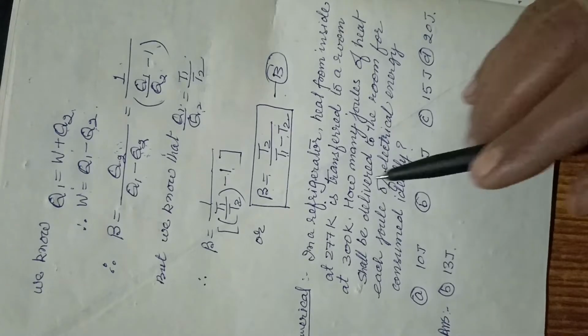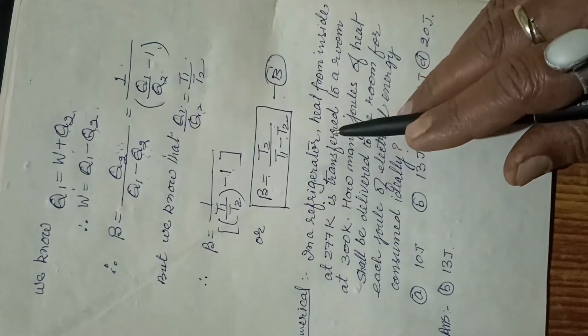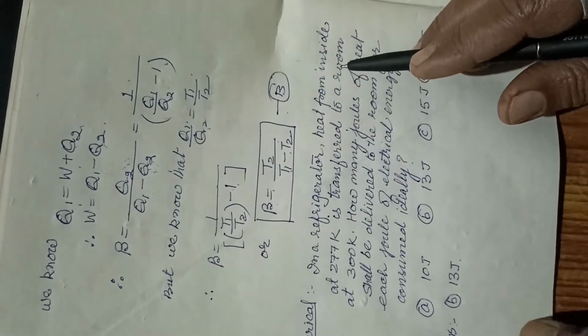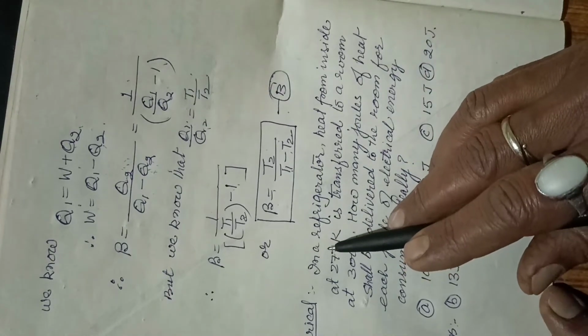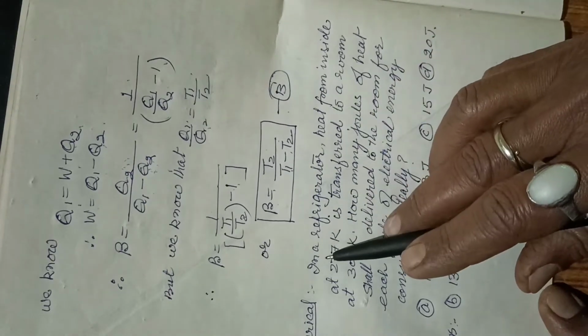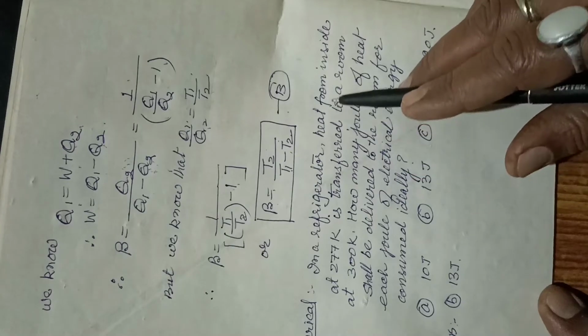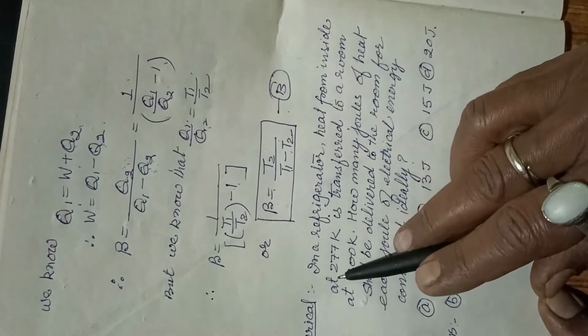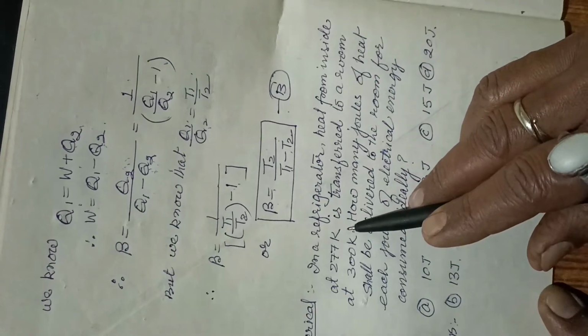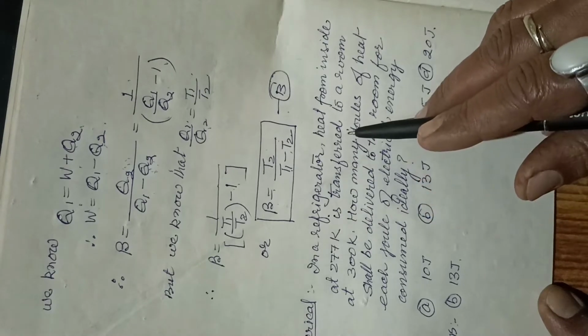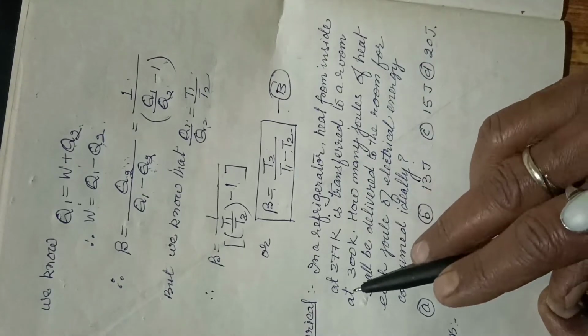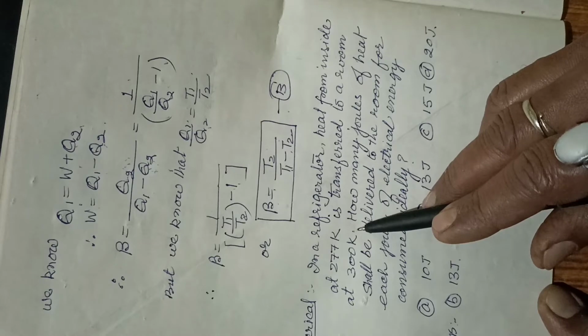Now let us see, we will do one problem based on this only, refrigerator. So let us see what the problem is. It is given that in a refrigerator, heat from inside at 277 Kelvin is transferred to a room at 300 Kelvin.